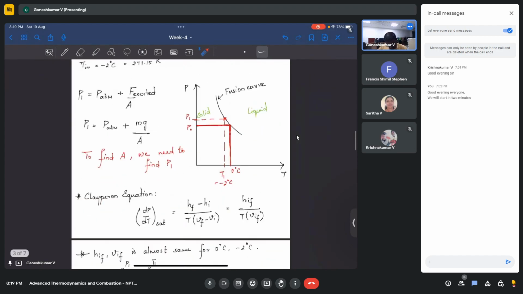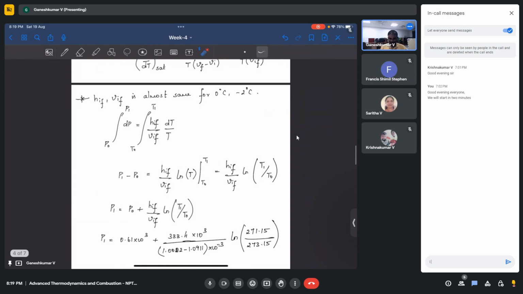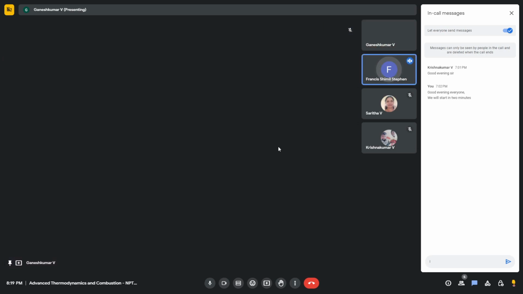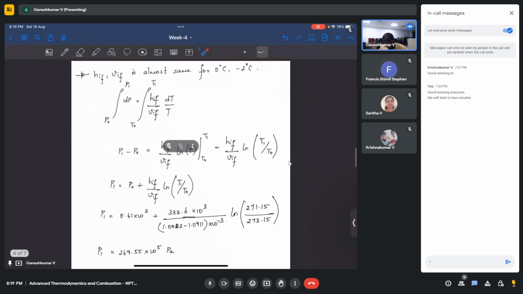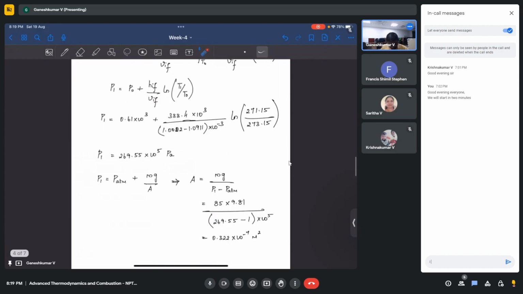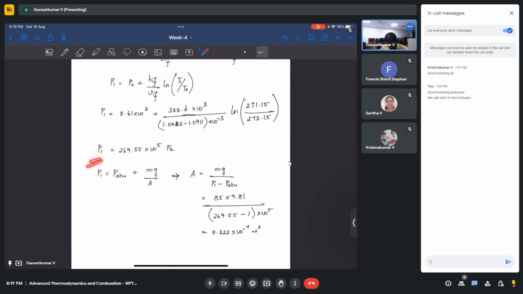Does it make sense? Sir, actually, we use the Clapeyron equation in order to find P1. The P saturated will be given. Correct. So this P1 is also P saturated, but for minus 2 degrees Celsius.